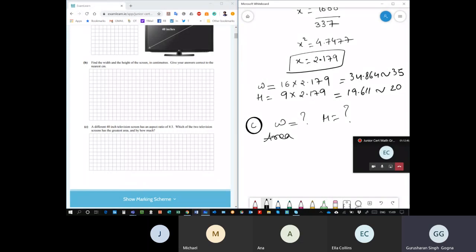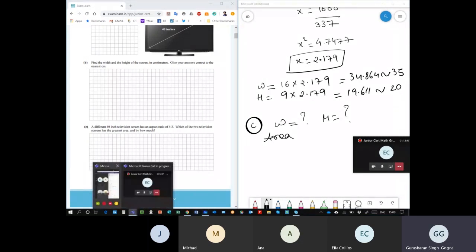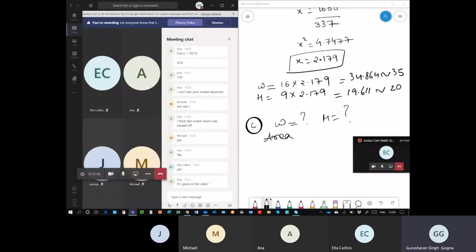Okay, so I would say practice these questions and exam questions, and maybe some questions from your book as well. We'll continue this trigonometry because there are a lot of other types of questions left. So next week we'll continue trigonometry. Is that okay?